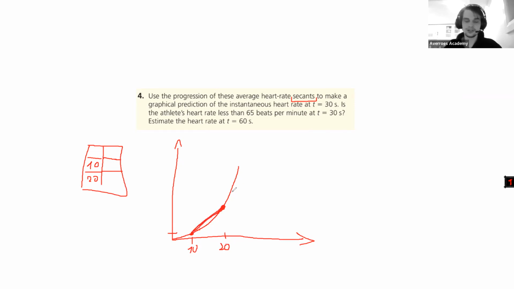In the same way, if we have a point that starts at 0, 0, and we would like to make a secant between this point and the point of 20 seconds, it's going to be the line that connects these 2 points.